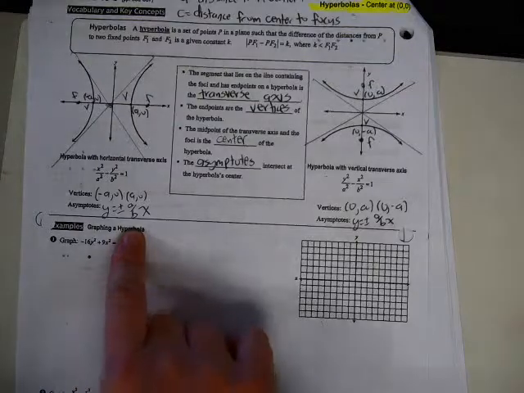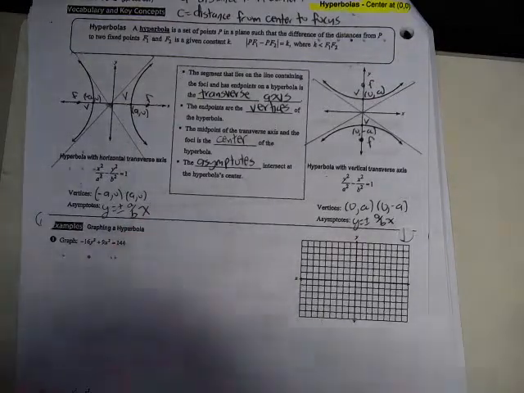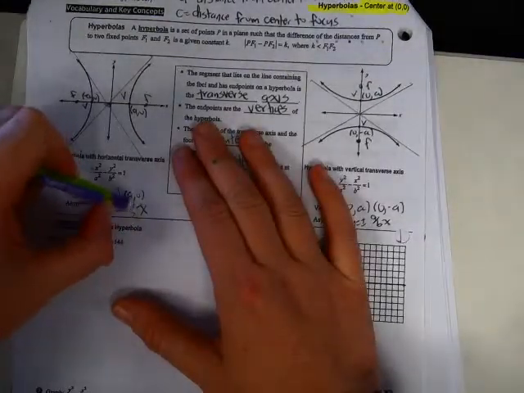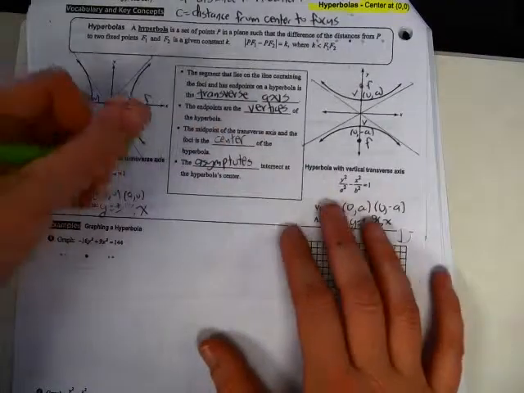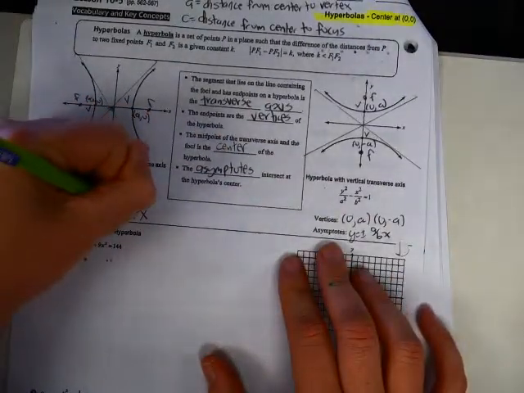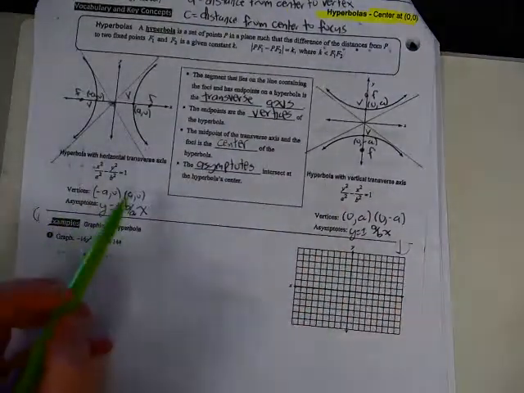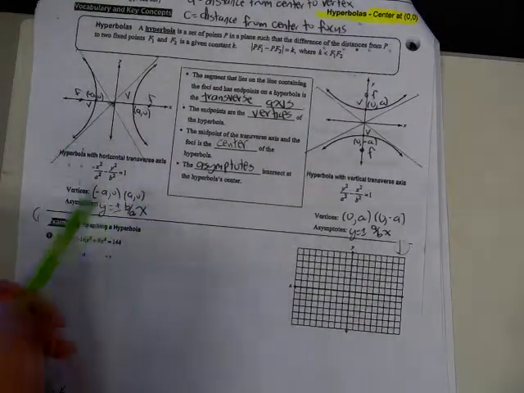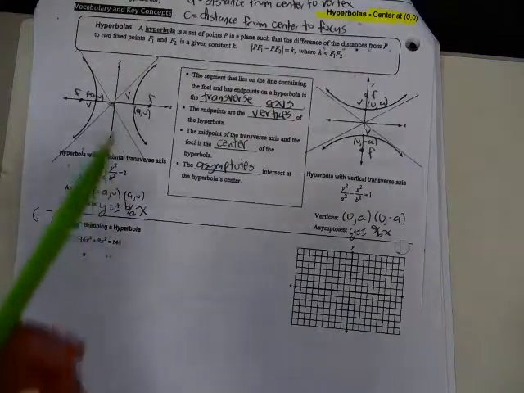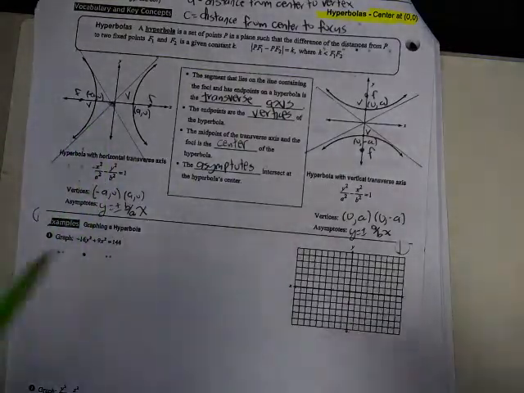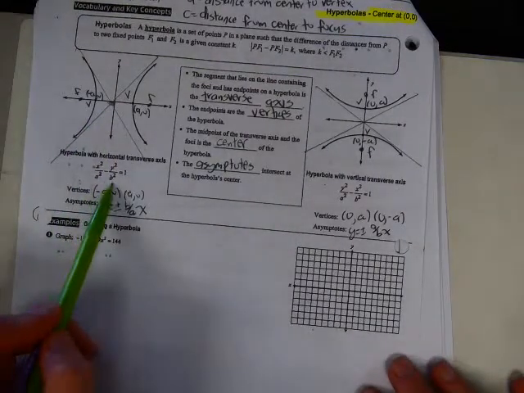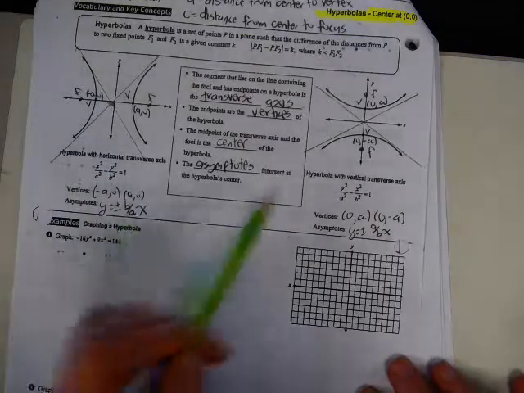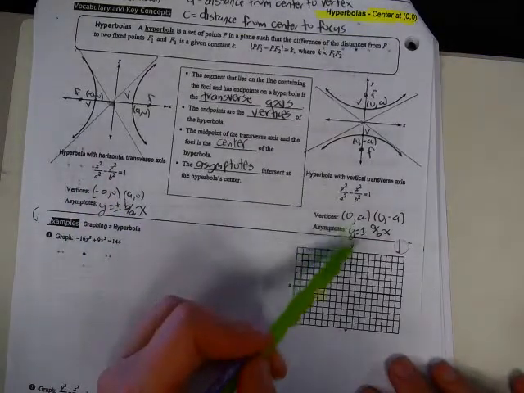This needs to be b over a. Because remember this is our slope, and slope is change in y over change in x. We do y over x, so b over a, and then the other one's a over b.